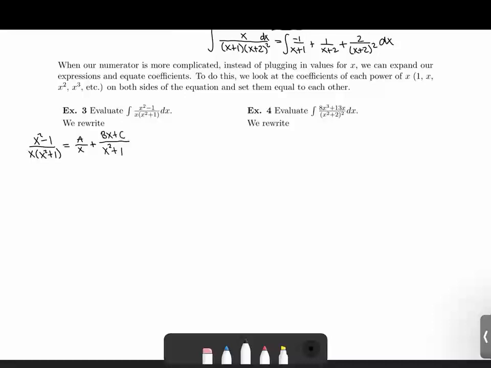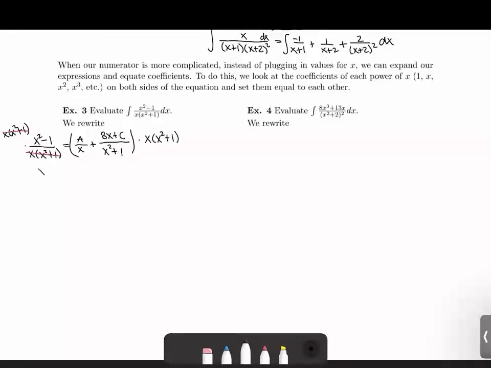Okay? So to solve for a, b, and c here, what we're going to do is the exact same thing as before. We multiply both sides of the equation by our initial denominator. And just like before, on my left-hand side, that entire denominator is going to cancel.